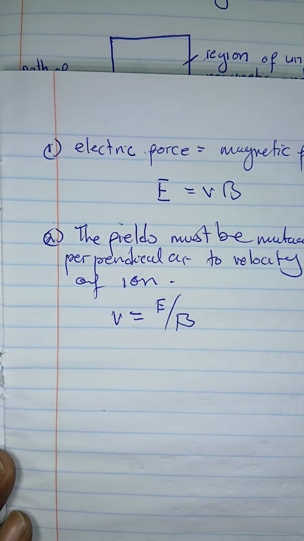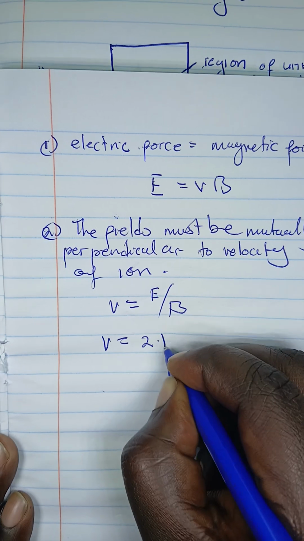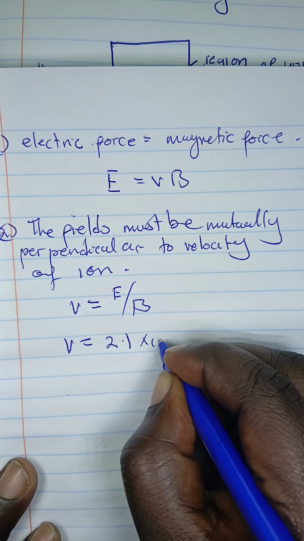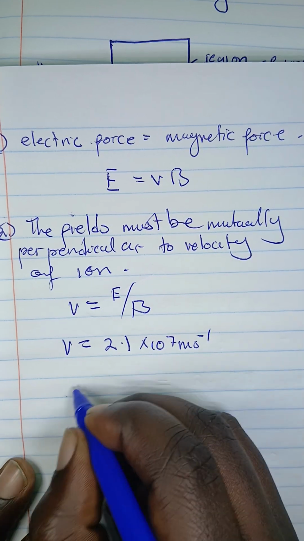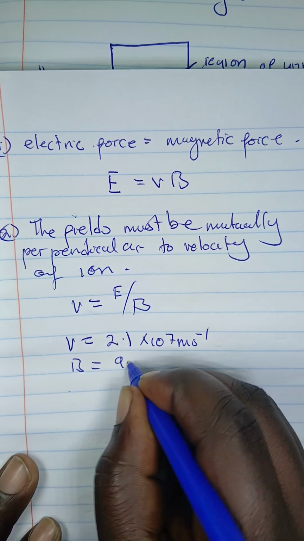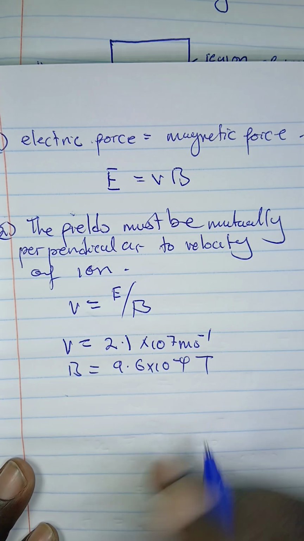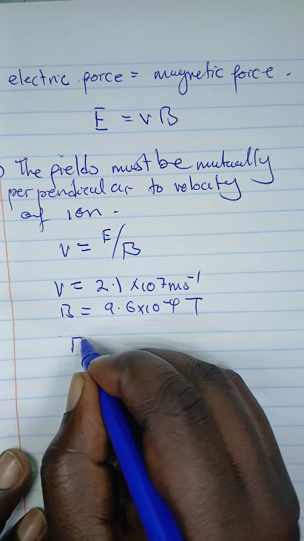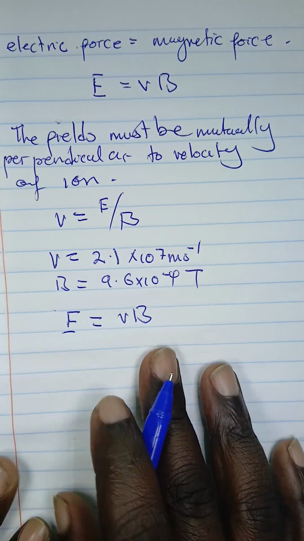So you're given that v is equal to 2.1 times 10 to the power 7 meters per second, and B is equal to 9.6 times 10 to the power minus 4 T. So from our equation, E is equal to vB.